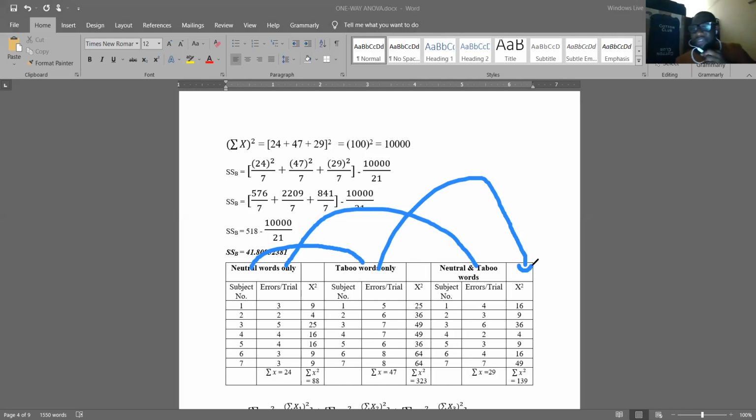But the calculations that we've done so far, the F value that we got, wouldn't really let us know where the difference lies. Does the difference lie between only neutral words only and taboo words? Or does the difference exist between all the 3 comparisons? So the F value wouldn't let us know whether the difference exists between only one of the comparisons, 2 of the comparisons, or 3 of the comparisons.